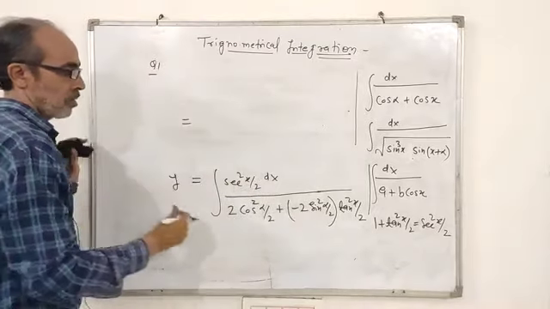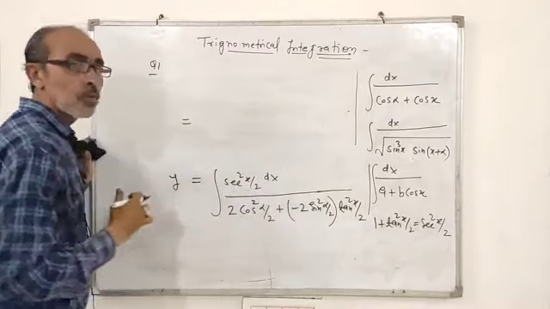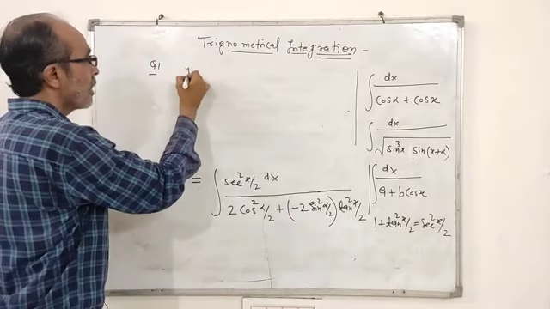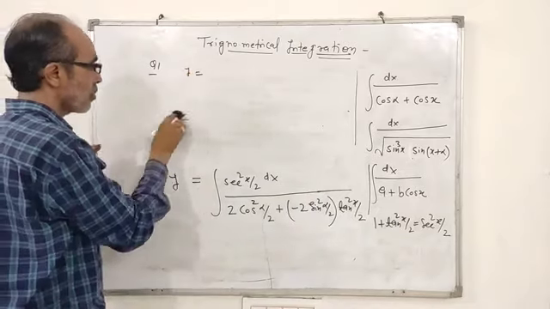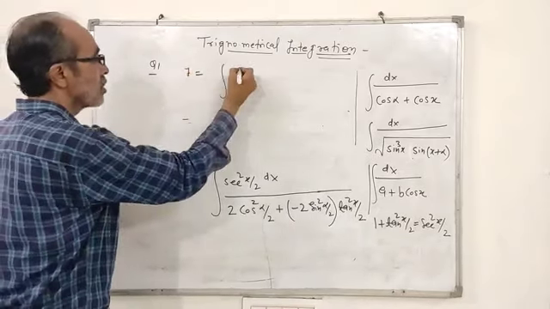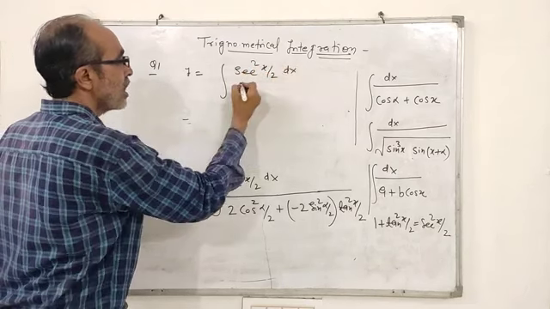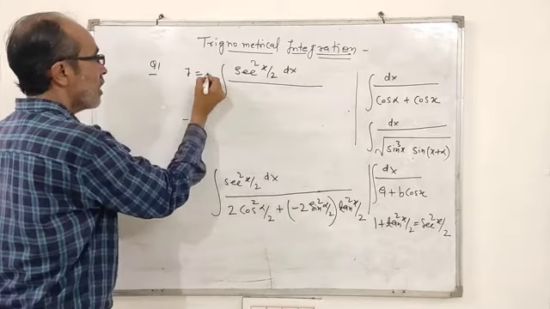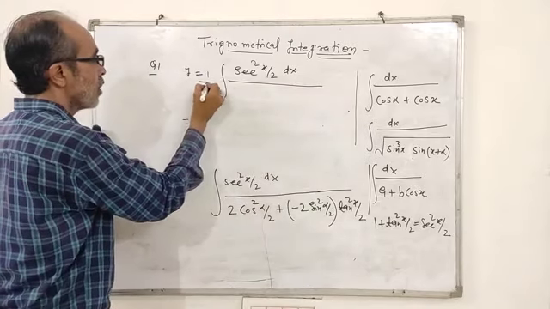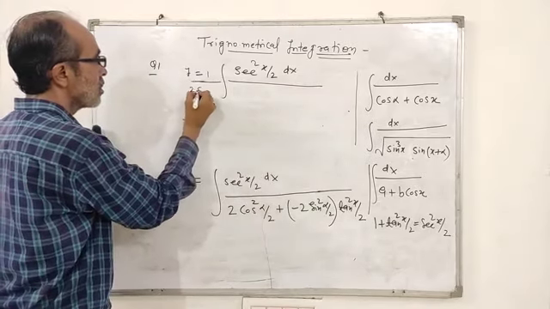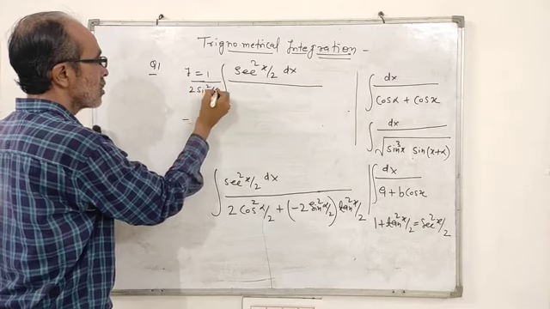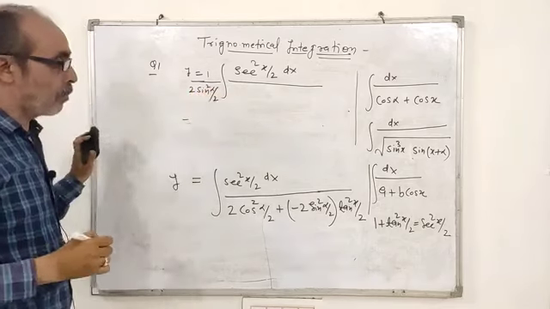We take the common 2 sin square alpha by 2, and the integral is equal to sec square x by 2 dx divided by 1 upon 2 sin square alpha by 2.